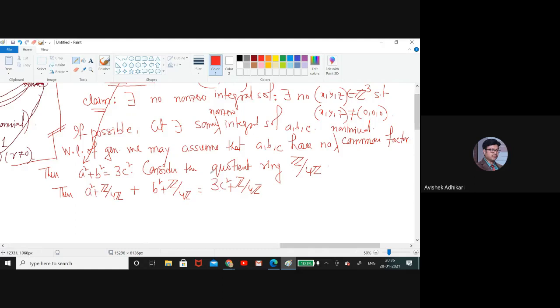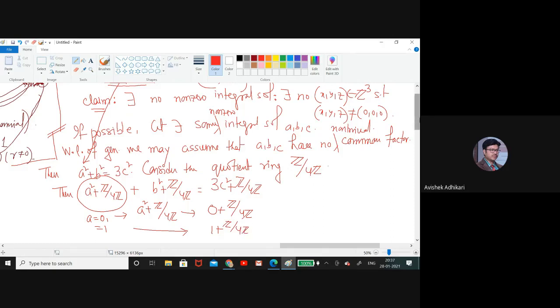So what are the values of A square plus 4Z? If A is 0, its value becomes 0 plus 4Z. If A is 1, then 1 square is 1, that means 1 plus 4Z.